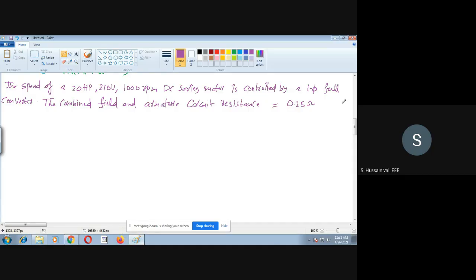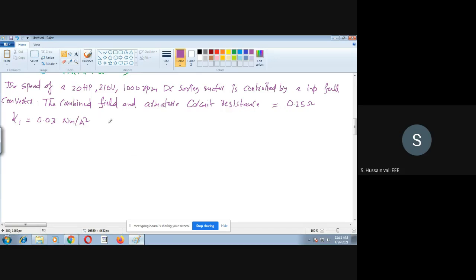K1 he has given as 0.03 Newton meter per ampere square.